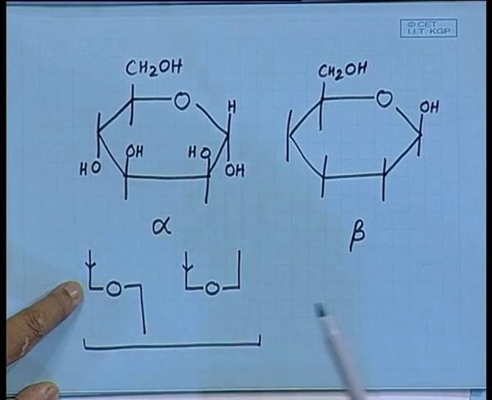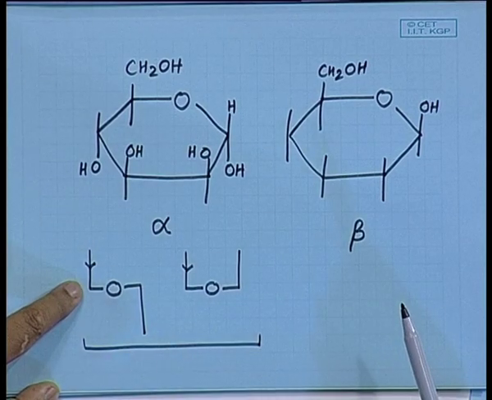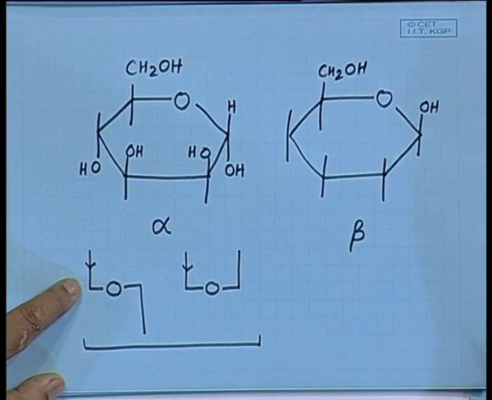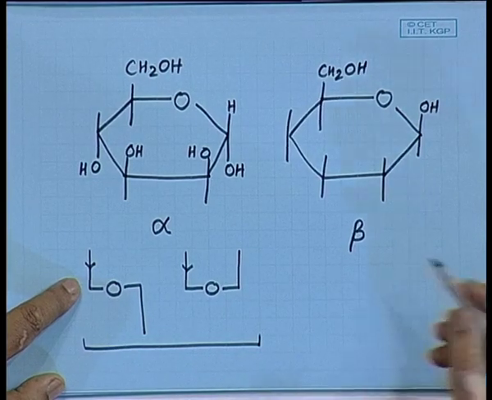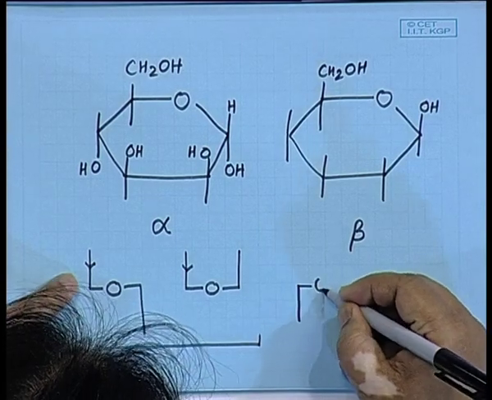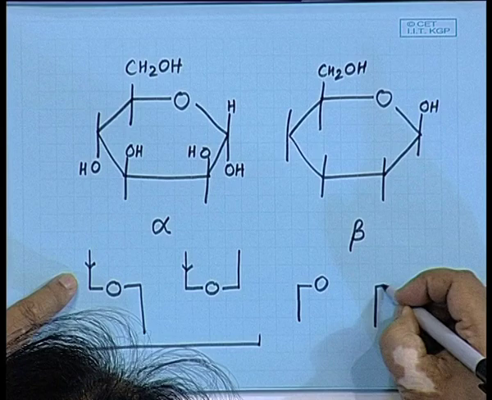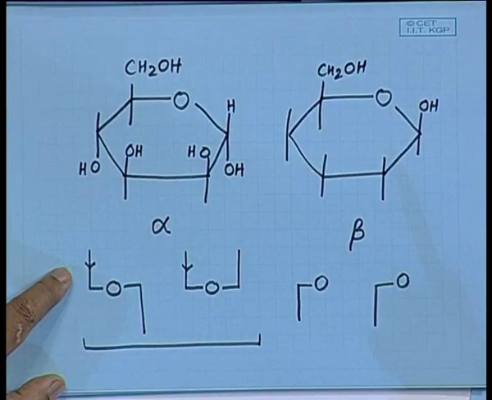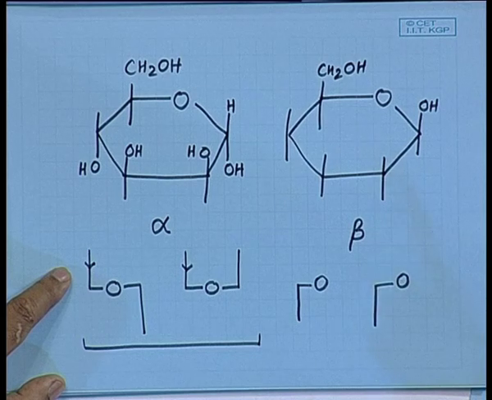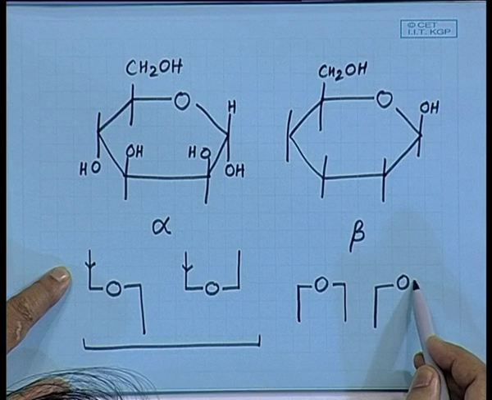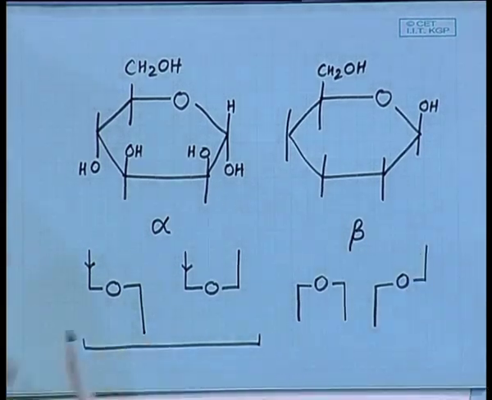If I were to do the same for the beta set, then in both cases it would be up. What are both the cases I am talking about? We would have an O and an O, and the other monosaccharide unit that it would be linking to could either be this or this.